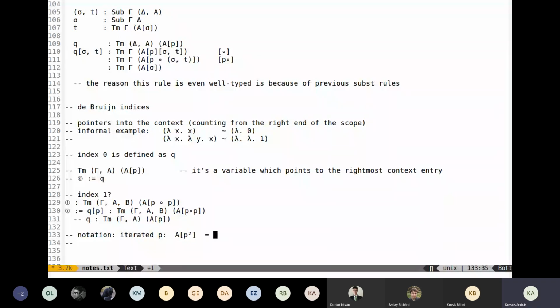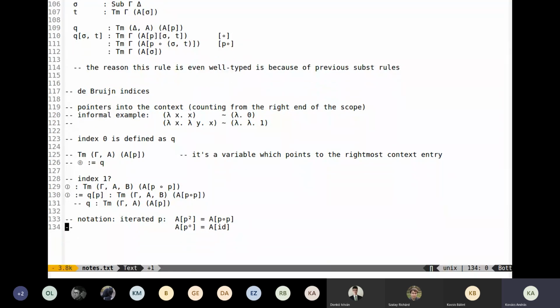And as a special case, I mean, not really a special case, but it can also happen that we have P0, and then P0 is just the identity substitution. This is just a notation. So the P is called weakening, and P squared is basically weakening twice.